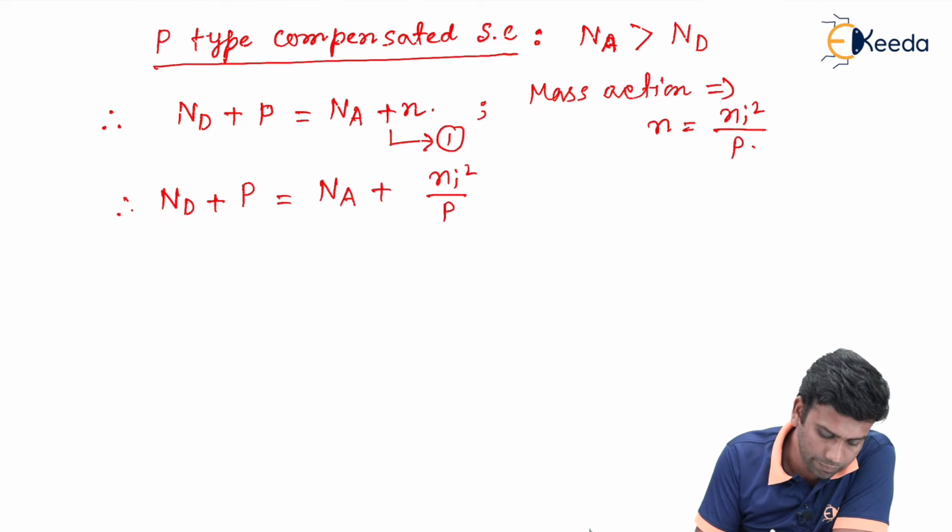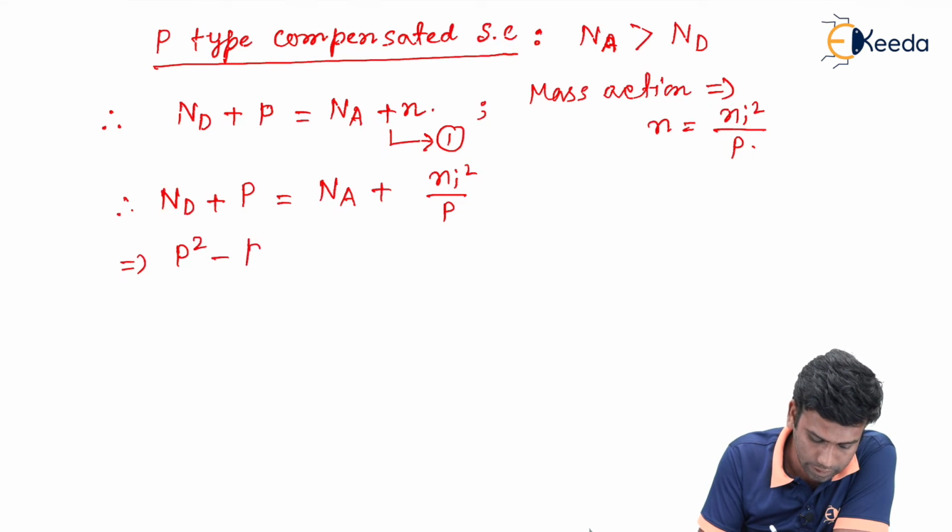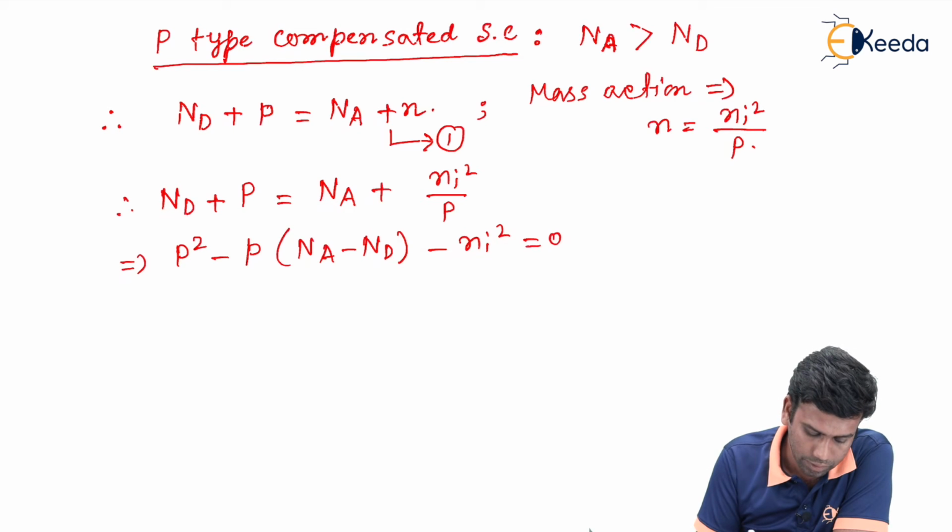Now further simplification of this equation will give us p square minus p (Na minus Nd) minus ni square equals 0. So this equation is a second order equation in the value of p.